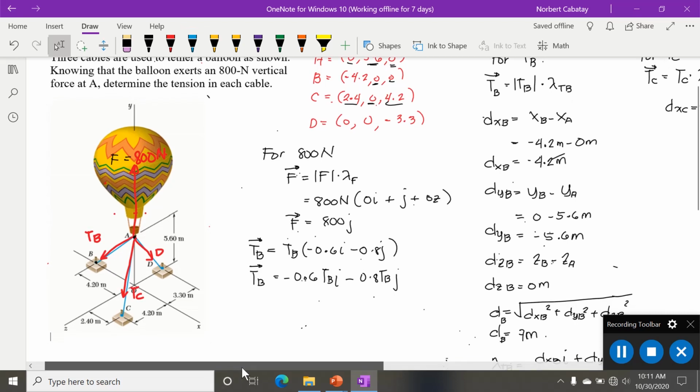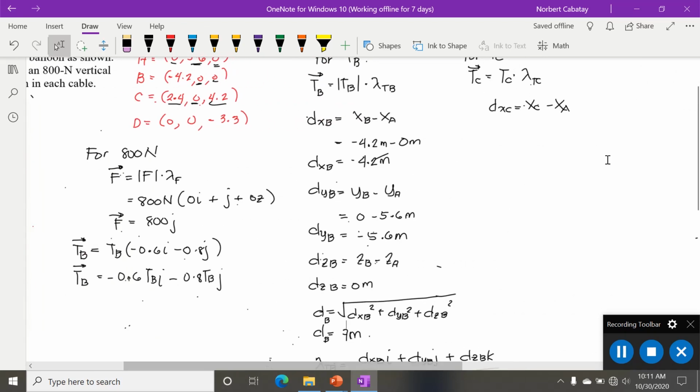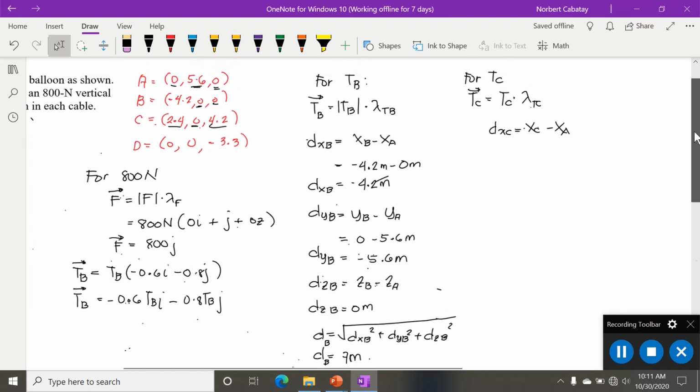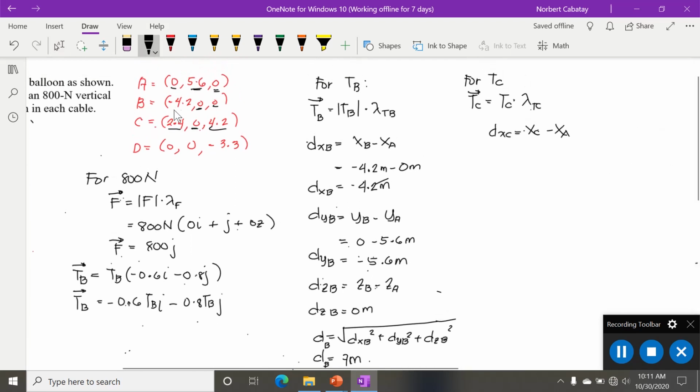Ito yung kanyang final point C, and the initial point is always the A. So, therefore, the values will be 2.4 minus 0, so this will be 2.4 meters na lang. Then, d sub yC, yung distance natin na yon is y sub C minus y sub A. Basta laging final minus initial. So, y sub C is 0 minus 5.6, so that will be negative 5.6 meters.